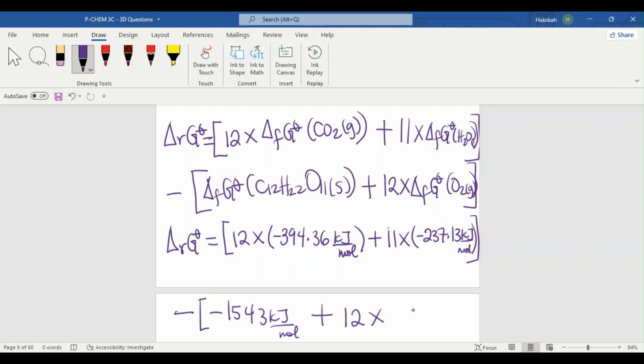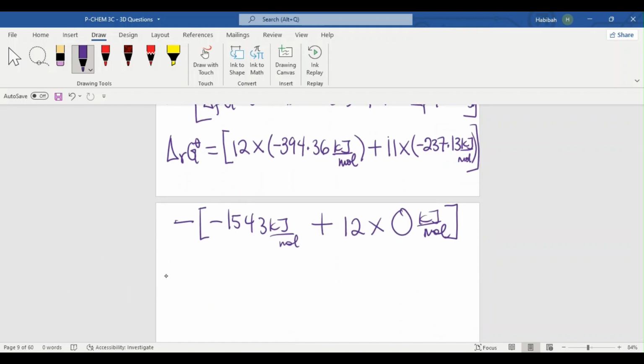We see that to be 0 kilojoule per mole. So we have that information now. So we just do the math, right? That's how it's done. So the Gibbs energy of reaction becomes 12 times negative 394.36, negative 4732.32 kilojoule per mole.